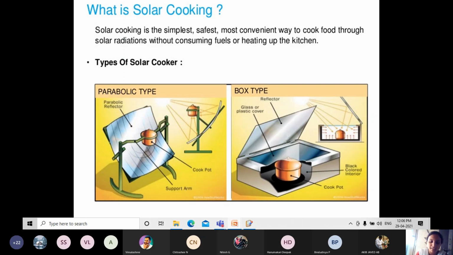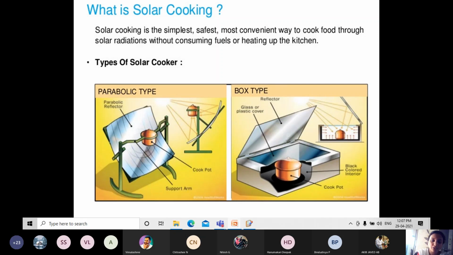Next, the parabolic type cookers require us to focus the sunlight on the cooking vessel, and therefore it is the most complex design to build.